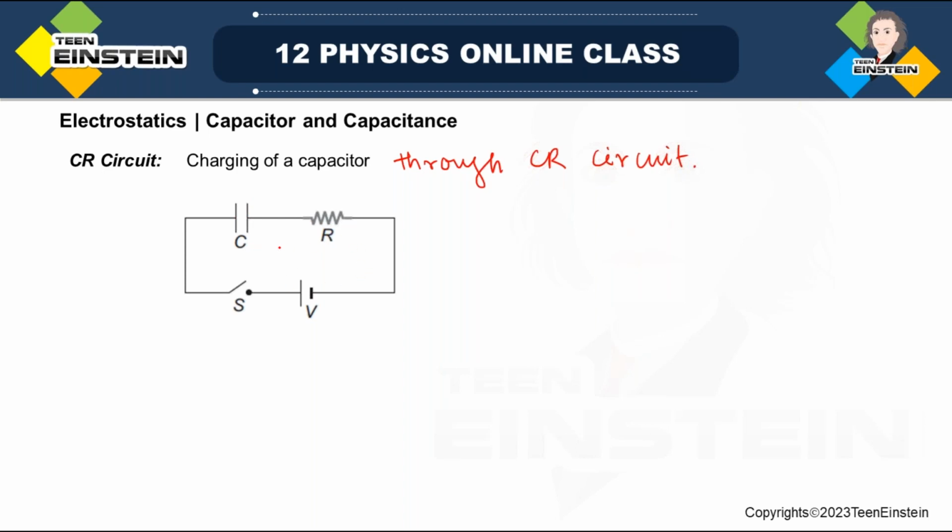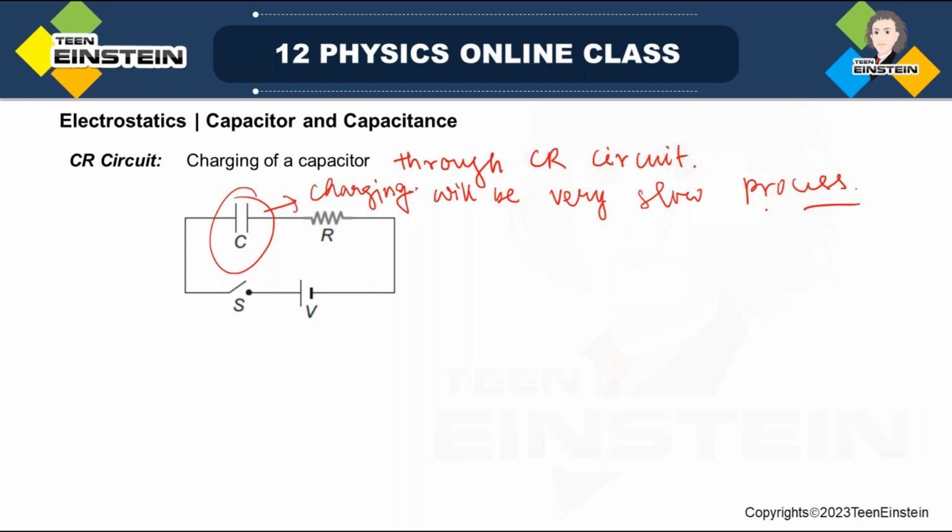Now in this case also the capacitor will be charging, but charging will be a very slow process. It will take almost infinite time, that means a very long time, to get charged fully, or with charge Q0.